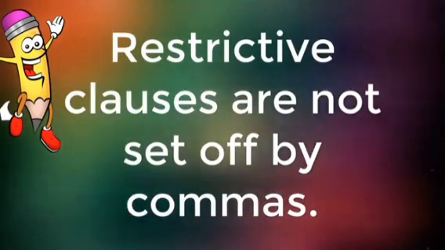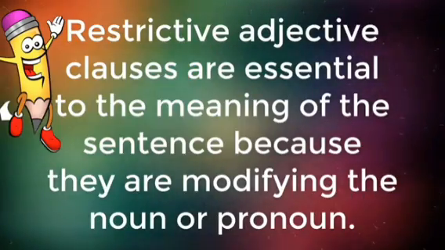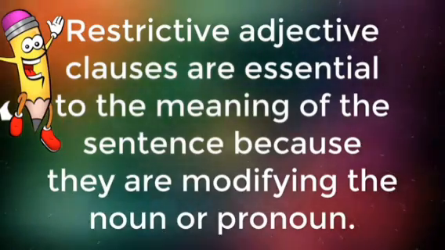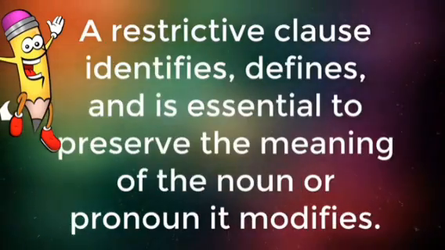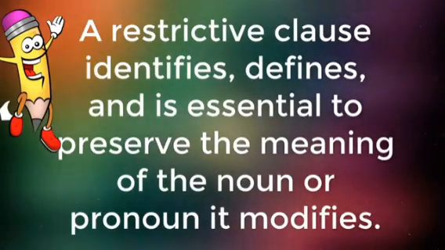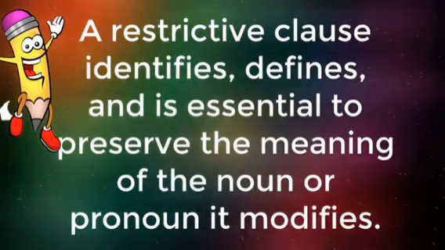Restrictive clauses are not set off by commas. Restrictive adjective clauses are essential to the meaning of the sentence because they are modifying the noun or the pronoun. A restrictive clause identifies or defines and is essential to preserve the meaning of the noun or the pronoun.